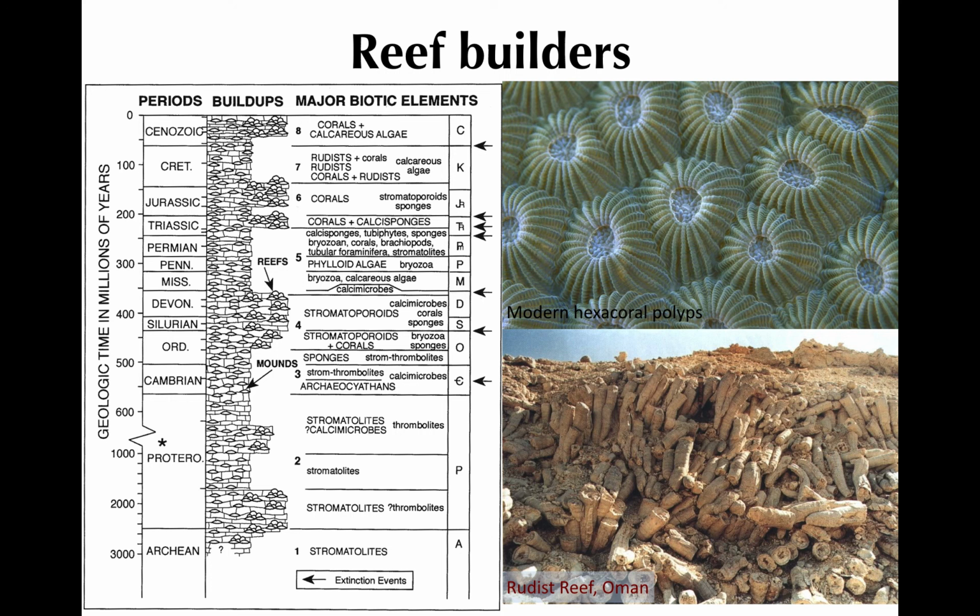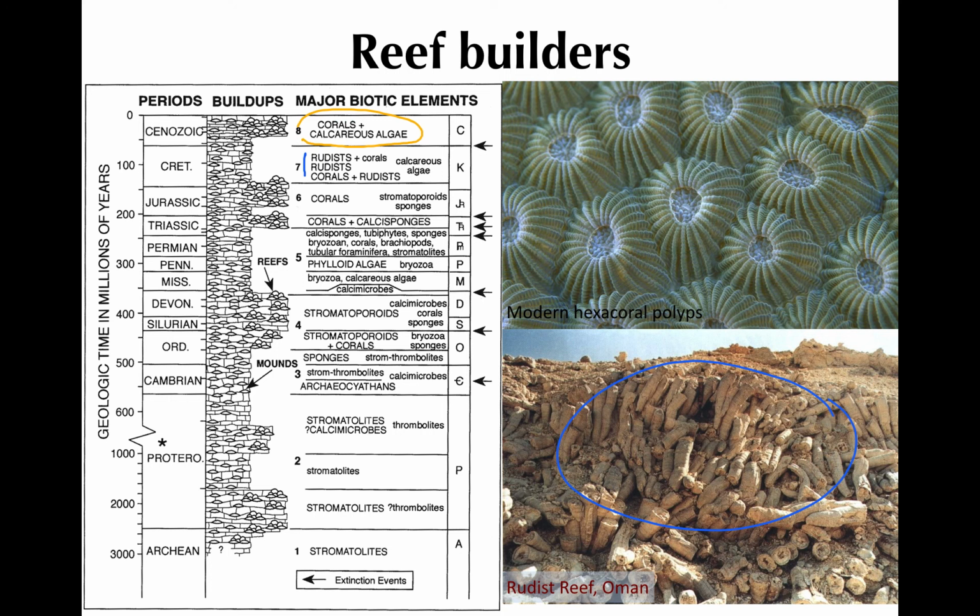Reef builders today consist of corals and algae, but in the past we've had lots of different types of organisms that have built reefs. For example, rooted clams, such as these shown here, have been reef builders in the Cretaceous.